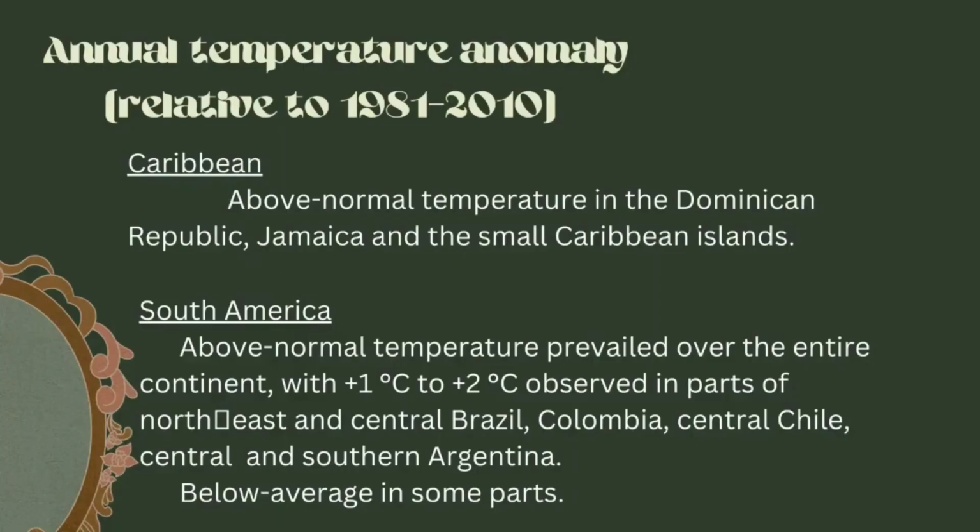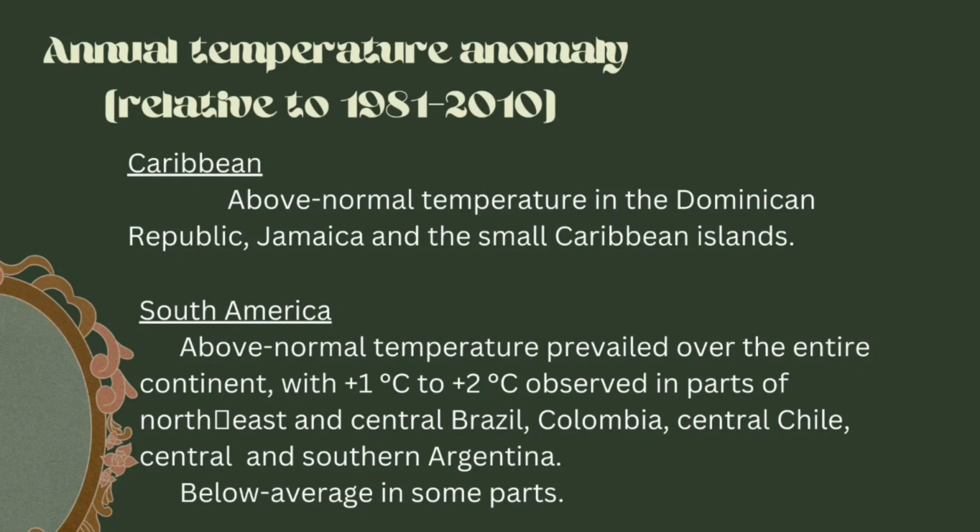So the annual temperature anomaly relative to 1981 to 2010, ang Caribbean is above normal temperature in the Dominican Republic, Jamaica, and the small Caribbean islands, while ang South America is above normal temperature prevailed over the entire continent with positive 1 degrees Celsius to 2 degrees Celsius observed in parts of northeast and central Brazil, Colombia, central Chile, central and southern Argentina.